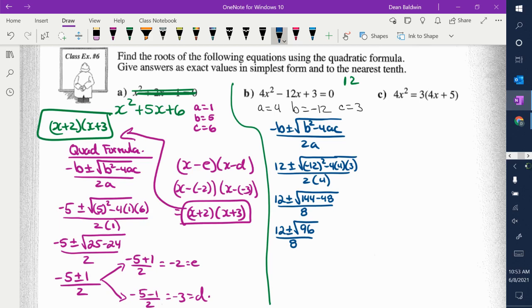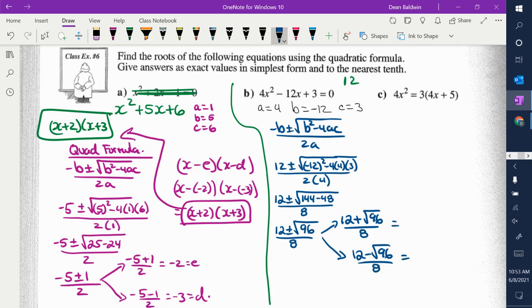So you get to this point here. Now you go 12 plus root 96 over 8, 12 minus root 96 over 8.